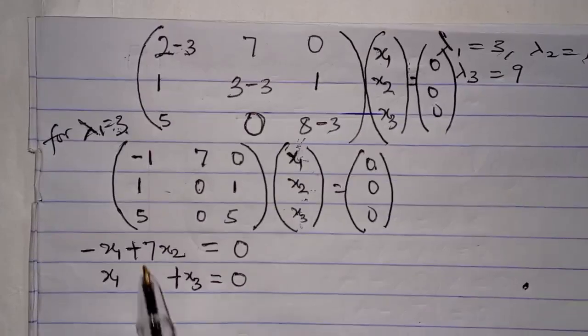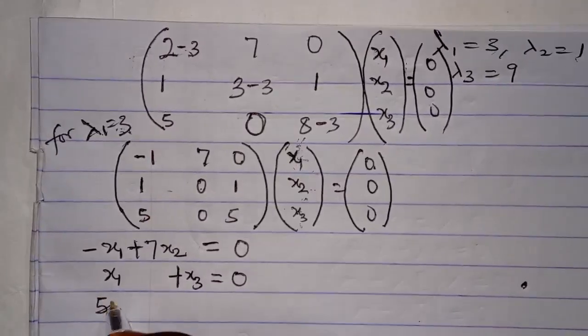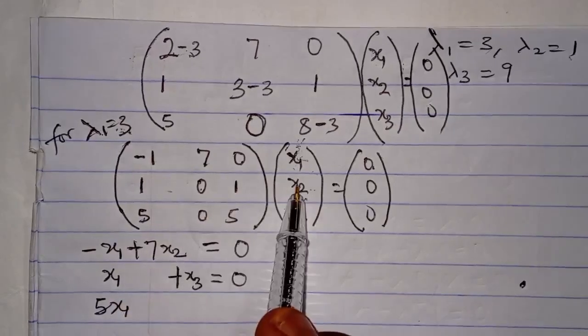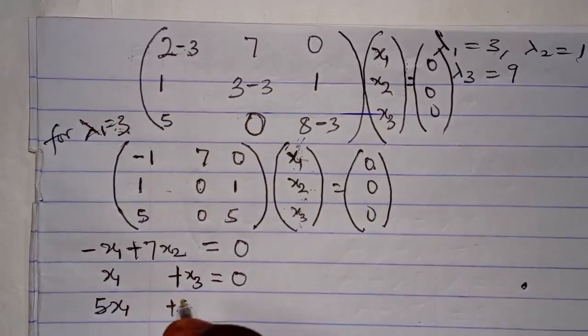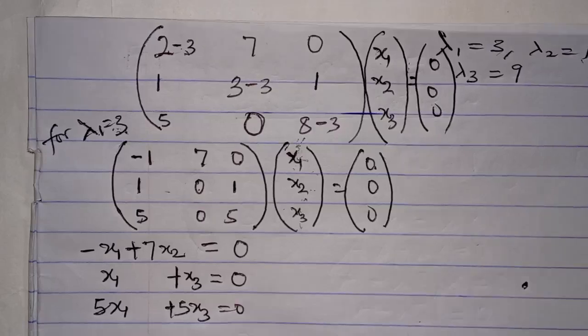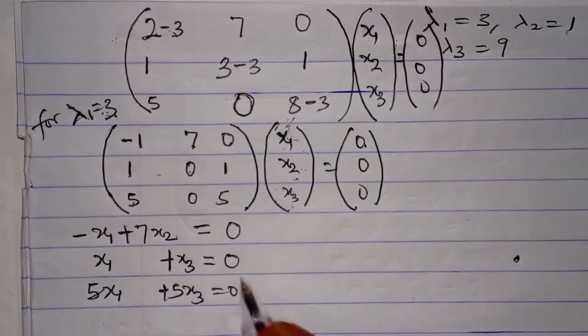Just follow me. 5 times x1 is 5x1. 0 times x2 is 0. 5 times x3 is 5x3 equal to 0.